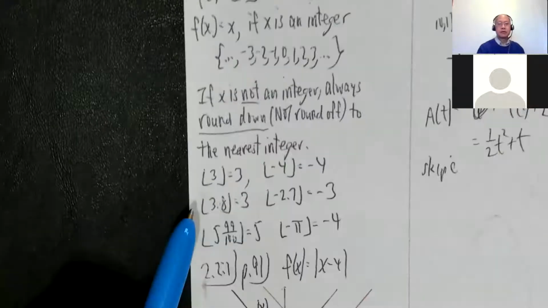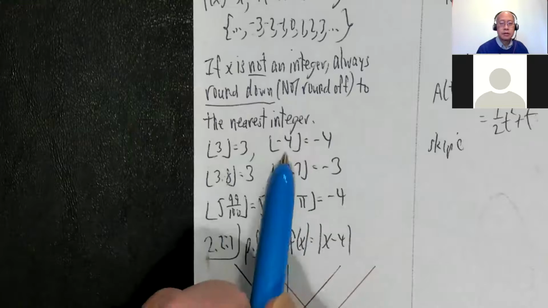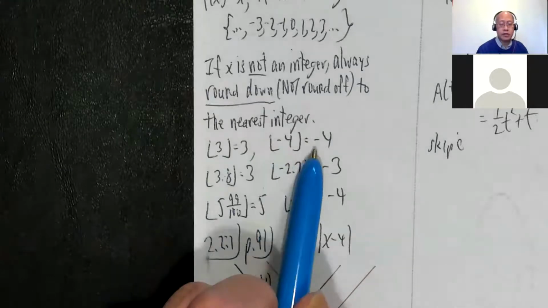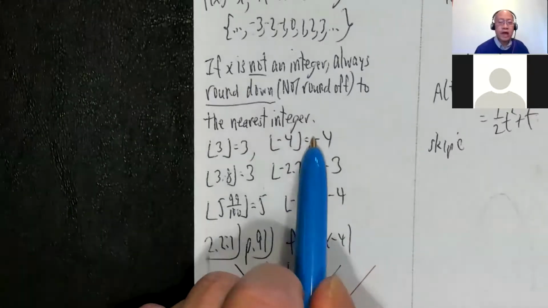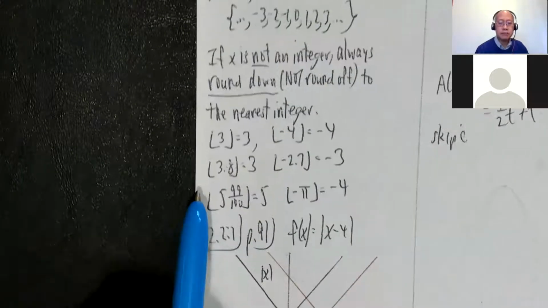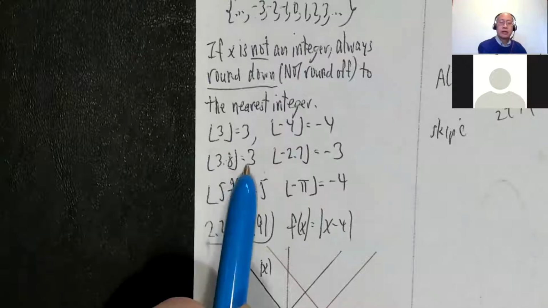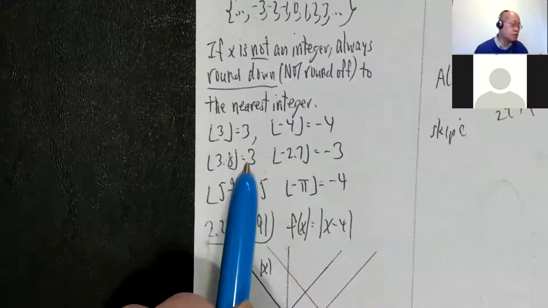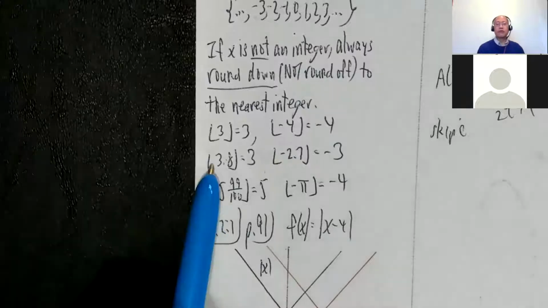So here are some examples. The greatest integer function of 3 is still 3. Greatest integer of -4 is still -4. If you already have an integer, leave it alone. If you have any fraction or decimal part, you always go down. So the greatest integer function on 3.8 would be 3 because you round down. You do not round off. You don't change this to 4.